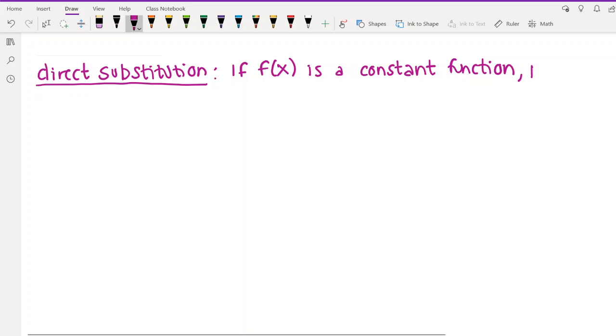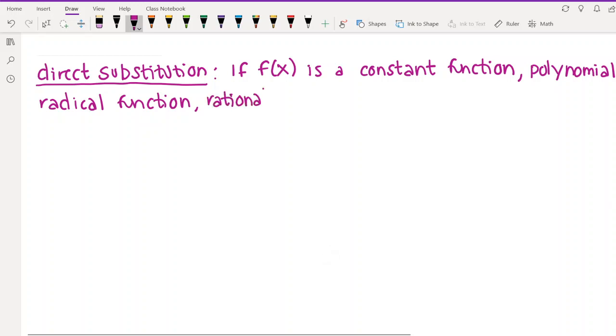A polynomial. So remember, a polynomial is where you're adding up different powers of x. If it is a radical function, so a radical function is a function involving a square root. A rational function, so a rational function is when you're dividing a polynomial by another polynomial.